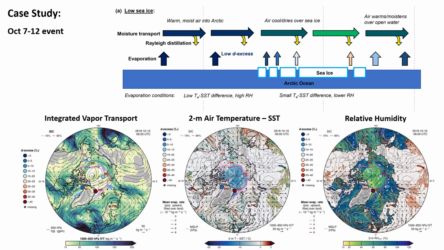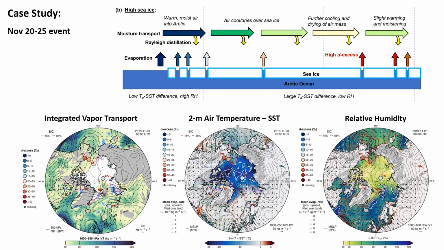You can see for moisture crossing the Arctic, the air mass cools some as we move over the sea ice in the central basin, and the relative humidity correspondingly drops as the air mass dries out. However, in this scenario, most of the evaporation is in the warm mode phase, and so we were seeing a relatively low DXS added along the way, yielding these relatively low values at the downstream sites.